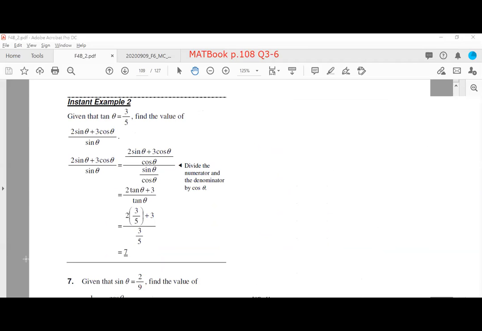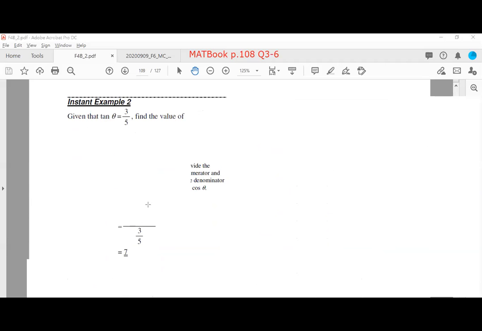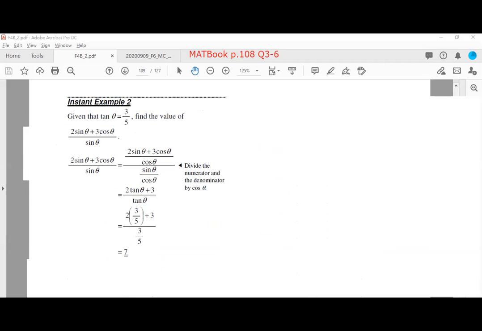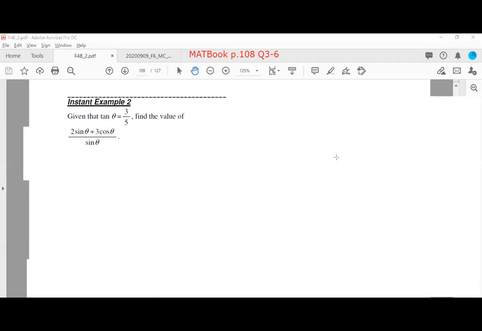Example, instant example 2. It is given that tangent theta is equal to 3 over 5. And then find the value of 2 sine theta plus 3 cosine theta divided by sine theta. 好啦，嗱呢度咧咁樣，我哋知道 tangent theta is equal to 3 over 5, right?